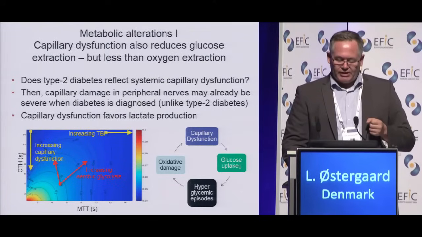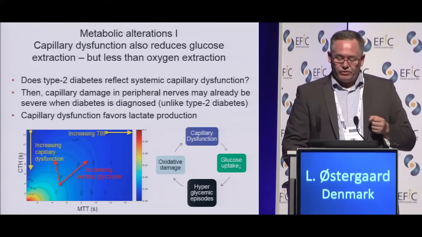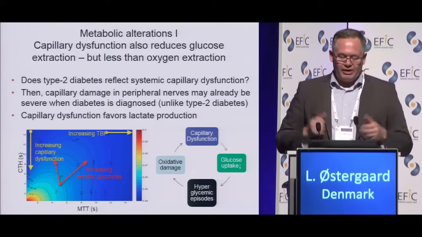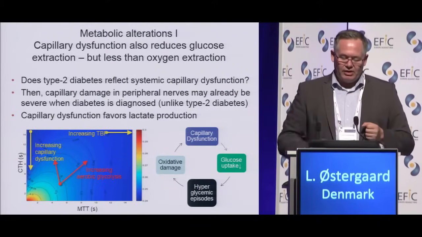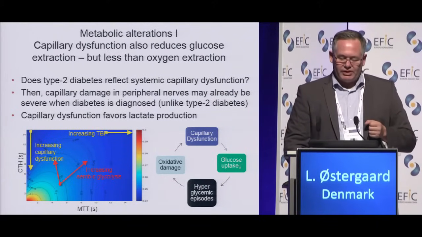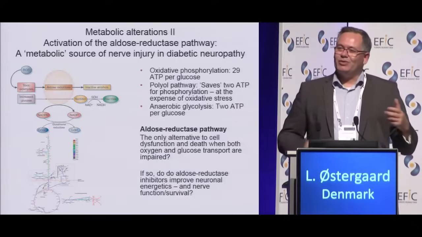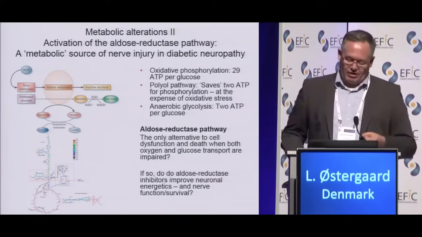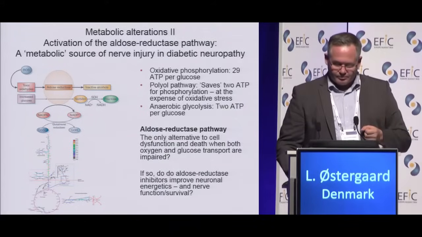That's what I show here, that capillary dysfunction will also reduce glucose uptake. That will tend to give you hyperglycemic episodes as glucose then backs up in your systemic circulation, giving rise to oxidative damage, which again can damage your microvessels. So this also raises the question, is type 2 diabetes, for instance, the end effect of capillary dysfunction?